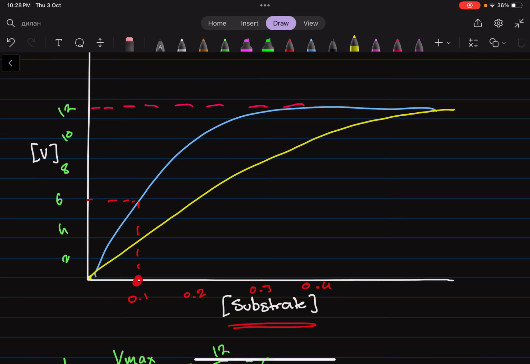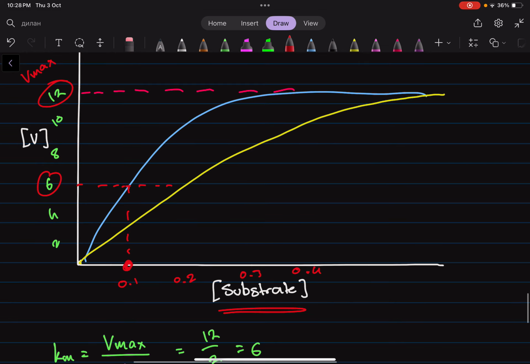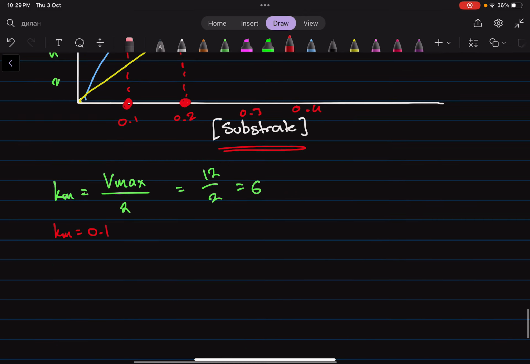So Vmax is still going to be 12. Still Vmax is 12. But Vmax over 2 is still going to be 6. Okay? But when we go along from 6, Km is going to be 0.2.